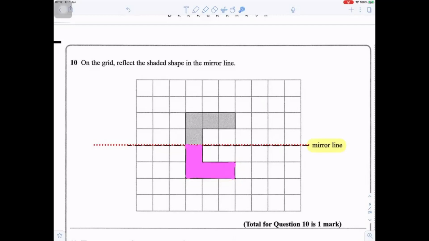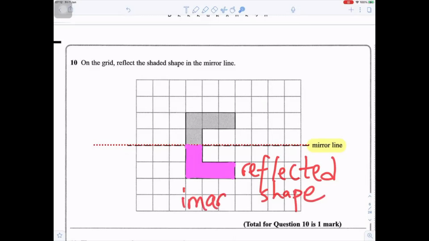So that's a reflection of the shaded shape in the mirror. I just colored it in pink to show that this is the reflected shape, what we call the image, and this one is the object.